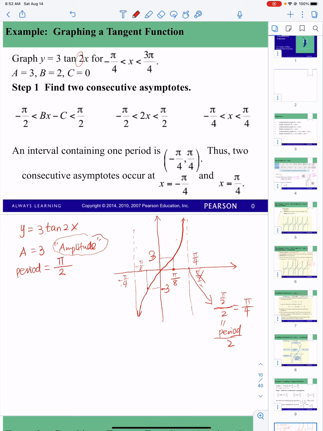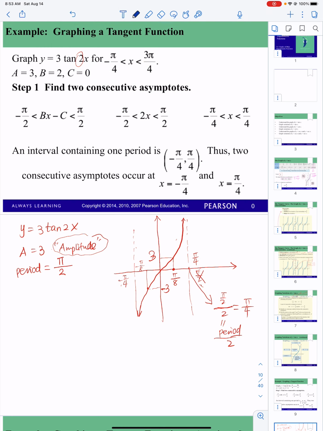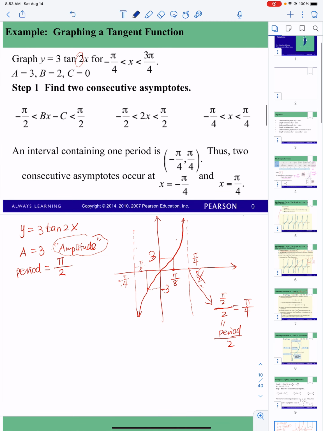Are you with me? And if you wanted to draw the picture between negative pi over 4 and 3 pi over 4, what will you do? You draw one more. Are you with me? That will be done. Okay, so this is the technique that I wanted you to use here.